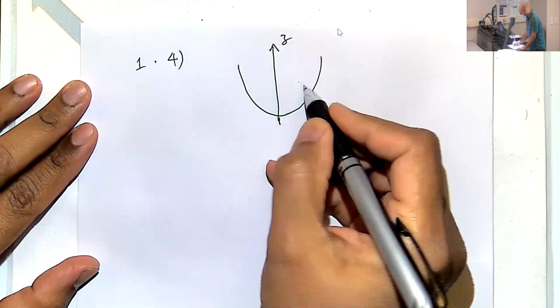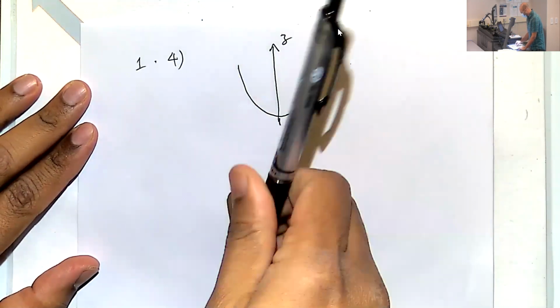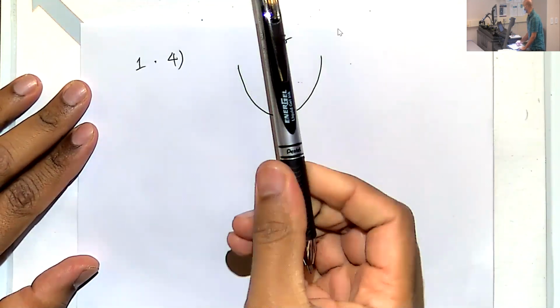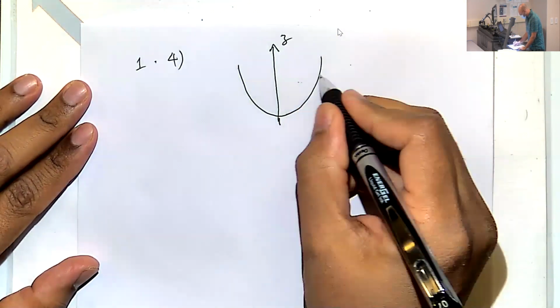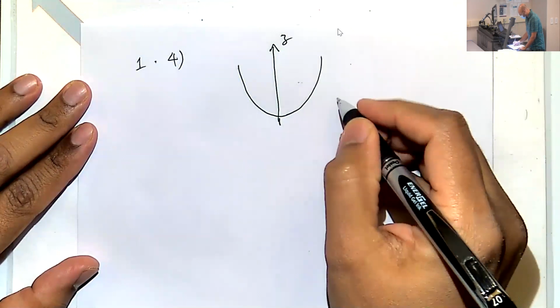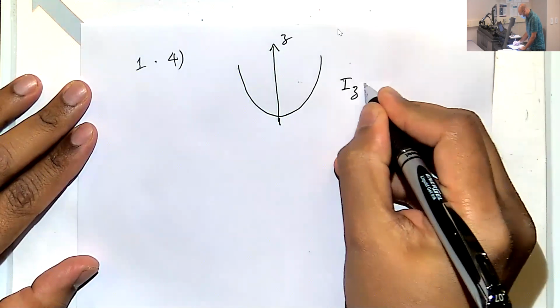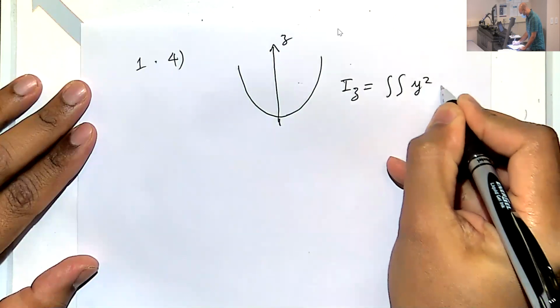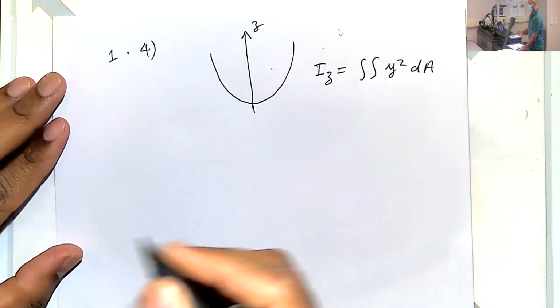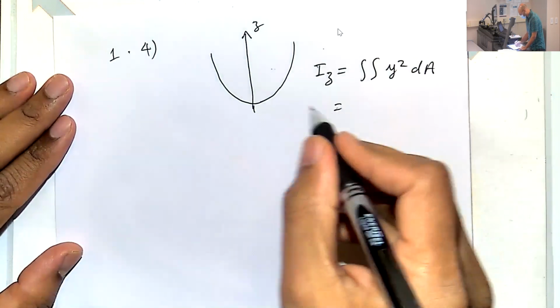What do you think of? You think of the whole hull rotating about this axis. Okay, so the Iz, the full integral, the general form would be y squared dA. And this is what you were saying. All right, we put down the limits.